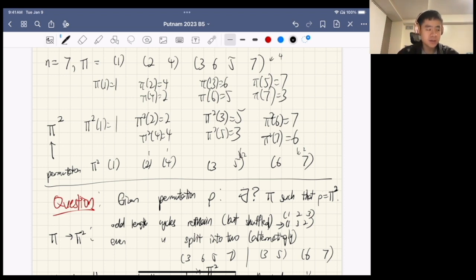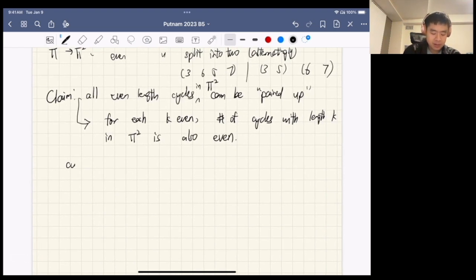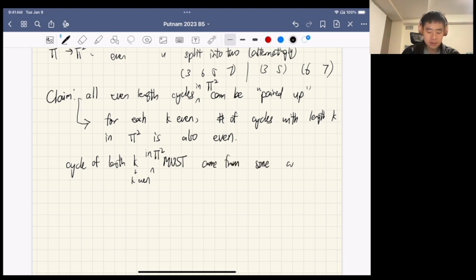In general it doesn't really matter which two should be paired together, but the point is that a cycle of even length k in pi square must come from some cycle of length 2k in pi, and therefore it should have another partner, and therefore you can think of this as a notion of pairing up.